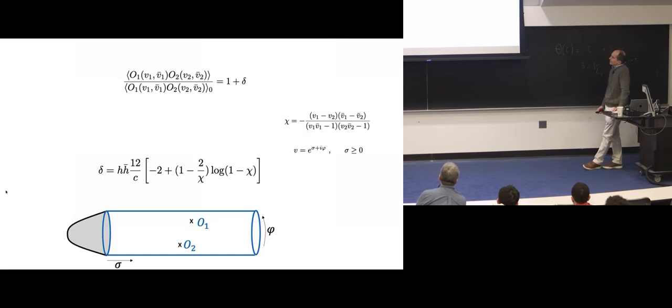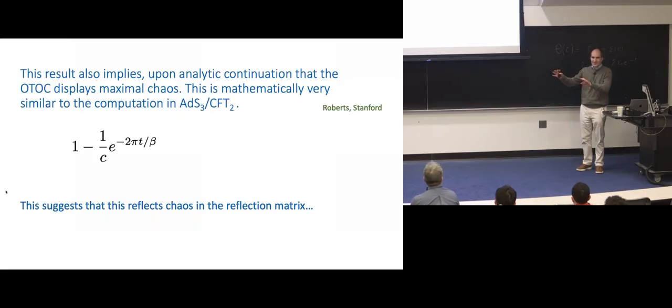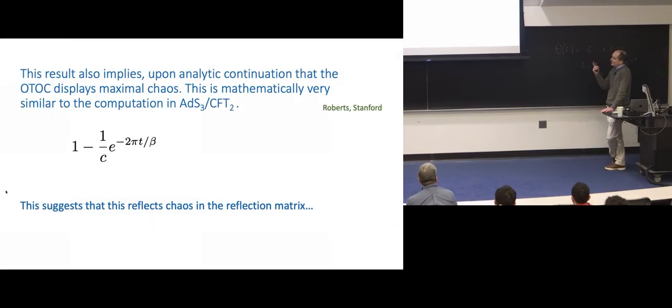Very good. So what can we learn from this calculation? Well, we can do the same things we normally ask when we calculate a 4-point function. Morally we are calculating a 4-point function here, because we have left and right movers, so we have basically 4 operators. And this calculation also shows maximal chaos. If you do the out-of-time-order correlator the usual way, it continues to display maximal chaos.